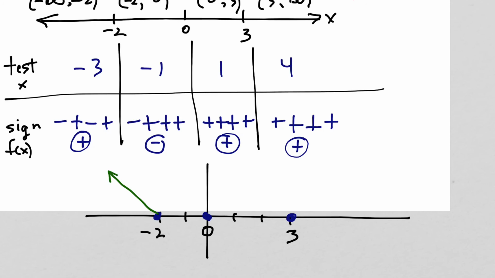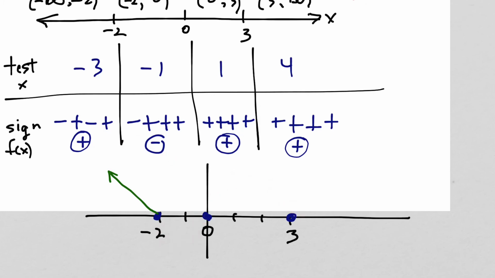The piece between -2 and 0 lies below, and then let me look at the one afterwards so I can see whether it's got to turn back around. All right, between 0 and 3, it's above. So I have to go from being below to being above.